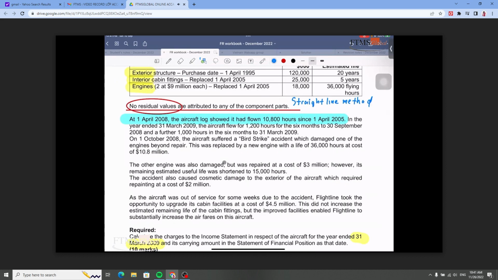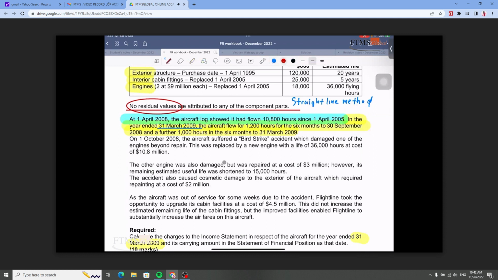Then they say in the year ended, so let me just highlight for you. In the year ended 31st March 09, aircraft flew for 1,002 for the 6 months and another 1,000 hours in the 6 months to 31st March. Okay, so let me interpret for you. In the year ended 31st March 09, right? So year end 31st March 09.